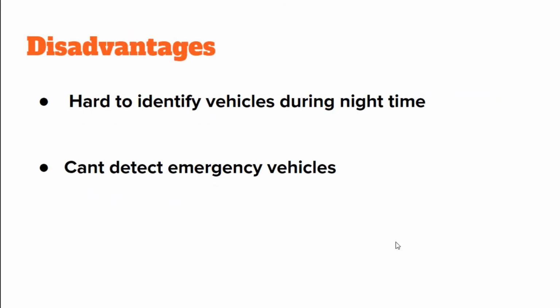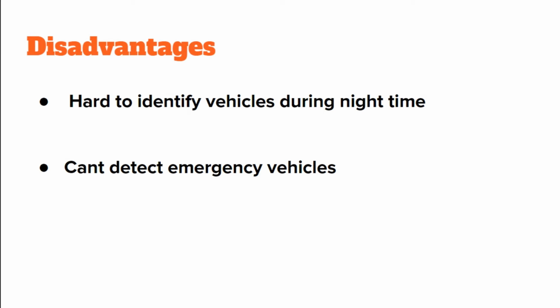So let's talk about the disadvantages of the project. The first thing is it is hard to identify vehicles during night time. After sunset, our traffic monitoring system doesn't work up to expectations due to the lower light conditions.